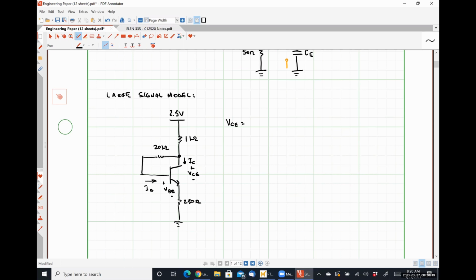I can say that VCE is VCC minus (IB plus IC) times RC, right? So I have 2.5 volts. I subtract from that the voltage drop over the 1 kilo ohm resistor, and I will subtract from that the voltage drop over the 250 ohm resistor.